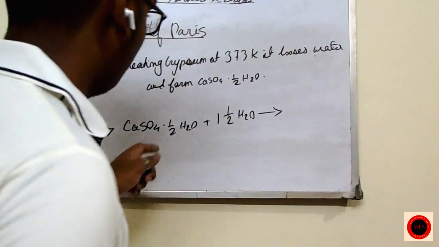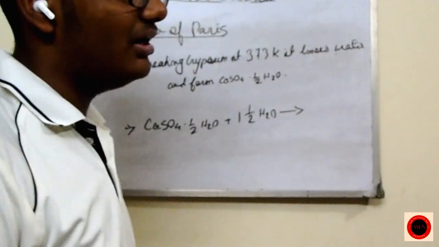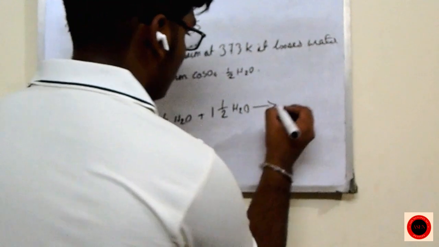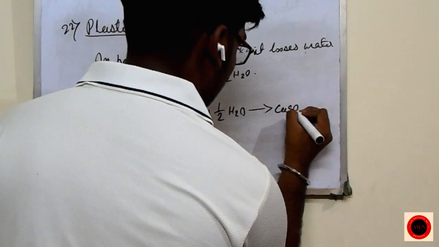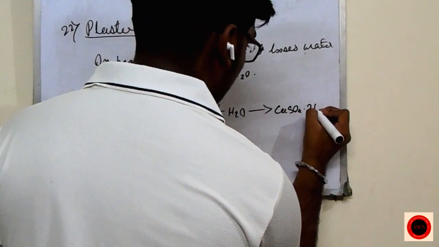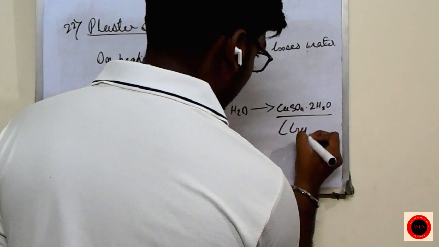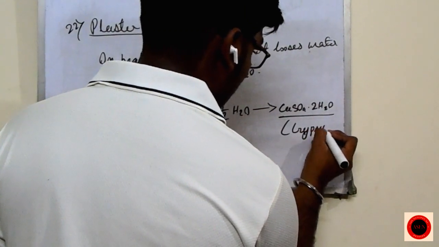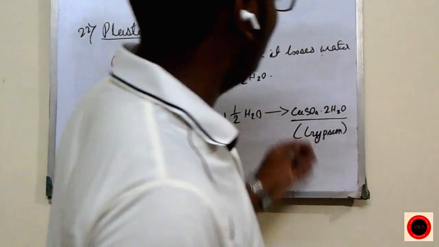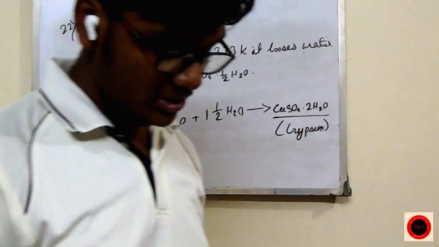What does that form? Half plus 1.5, that is 2. CaSO4 dot 2H2O, gypsum. Again gypsum is formed. Okay.